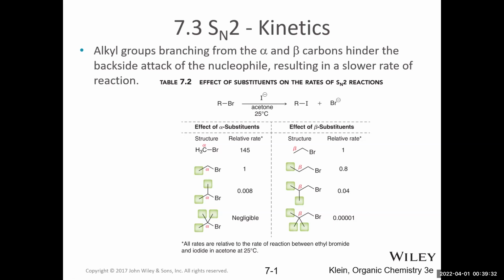So because the nucleophile has to approach the alpha carbon and that's involved in the rate determining step, then it makes sense that less steric hindrance will lower the activation energy or lower the transition state energy for that attack. So as we increase branching at the alpha carbon, the transition state energy increases, which increases the activation energy, which slows down the rate.